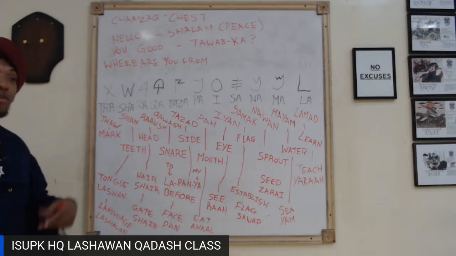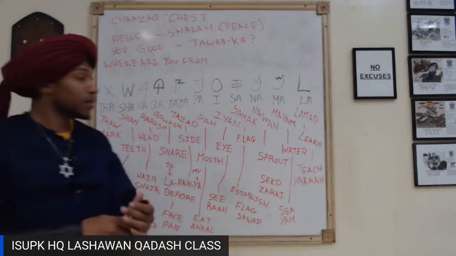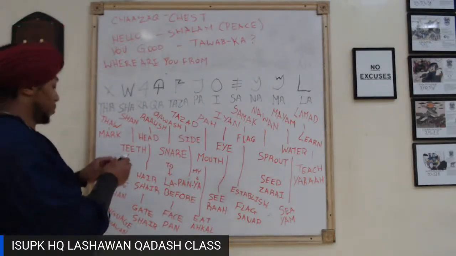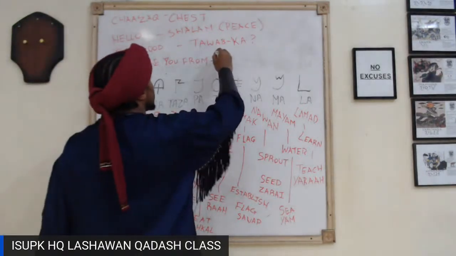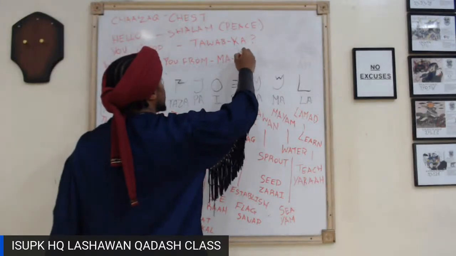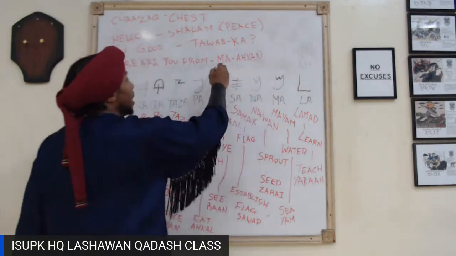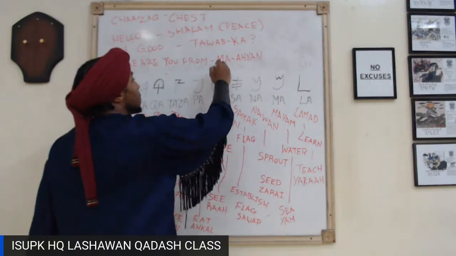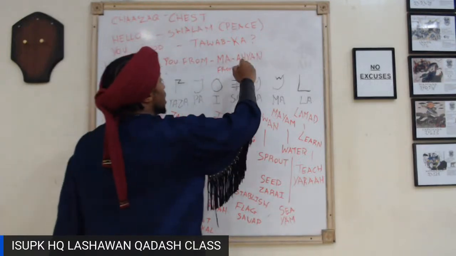So the brother from the Netherlands, he will say, I am from the Netherlands. I'm coming from the Netherlands. Ma is from or of. Ayan is where.